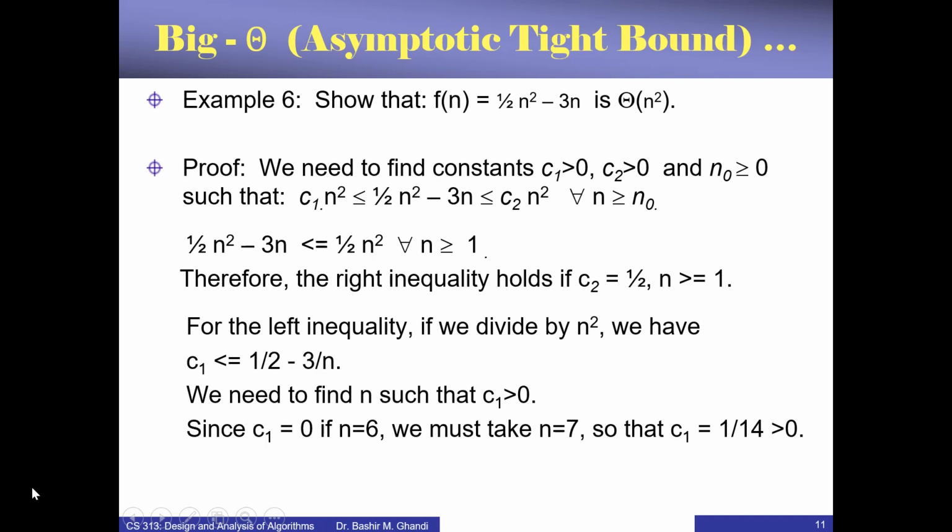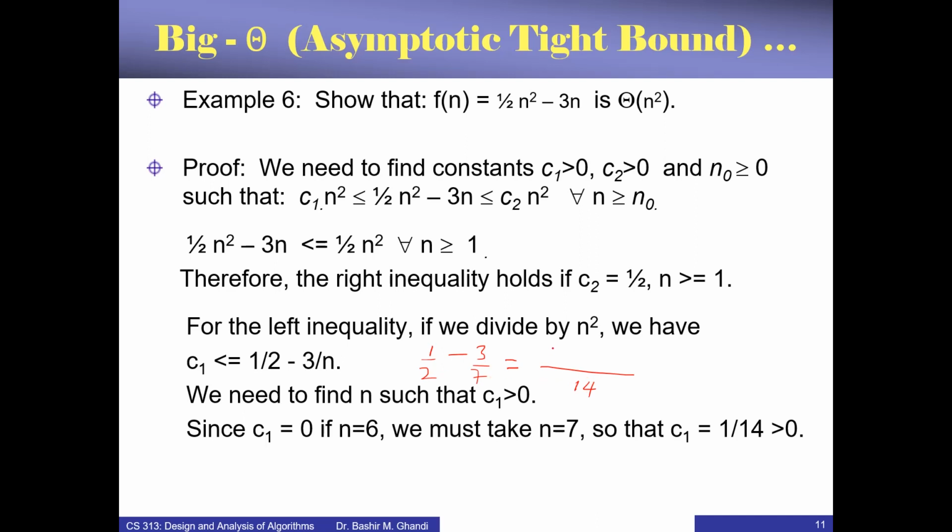Now, suppose we say n is 7. All right. So if n is 7, what you will have is half minus 3 over 7. Obviously, the LCM is 14.